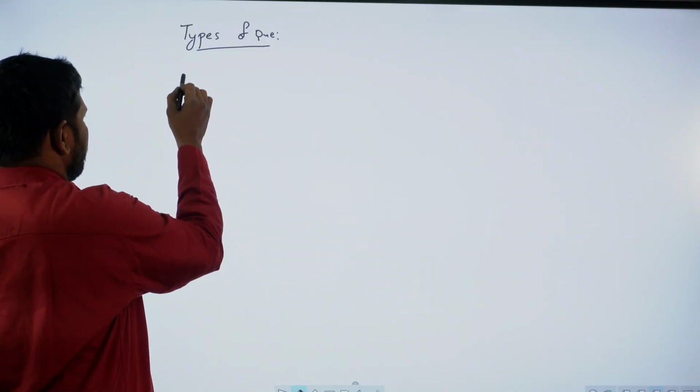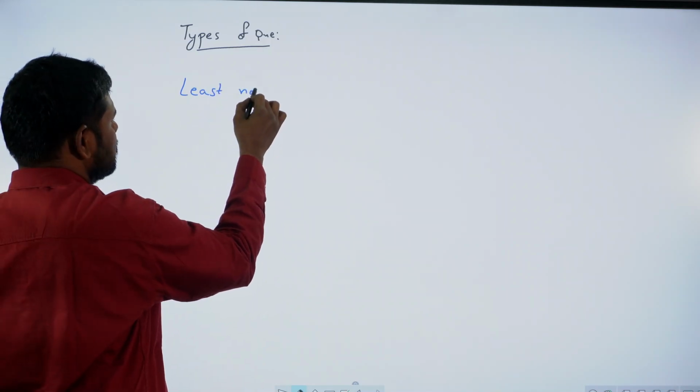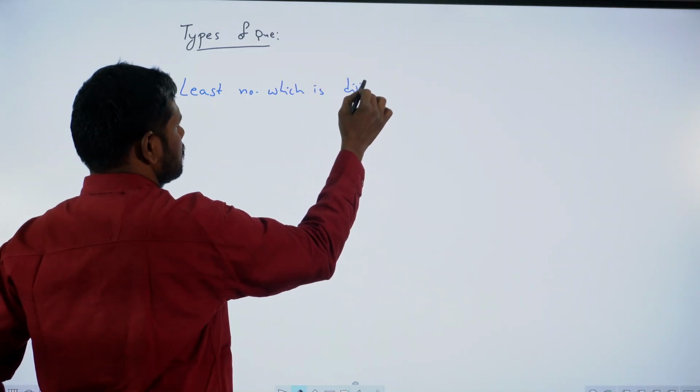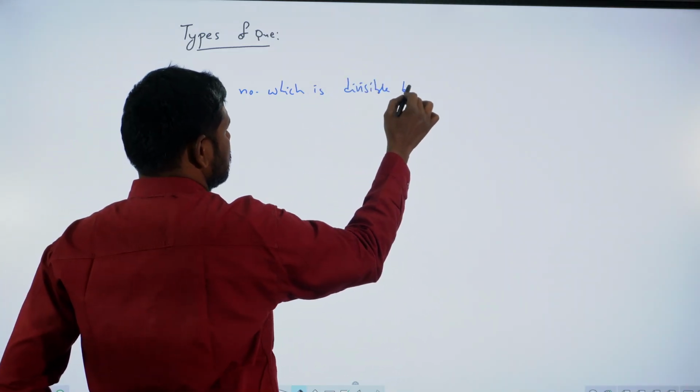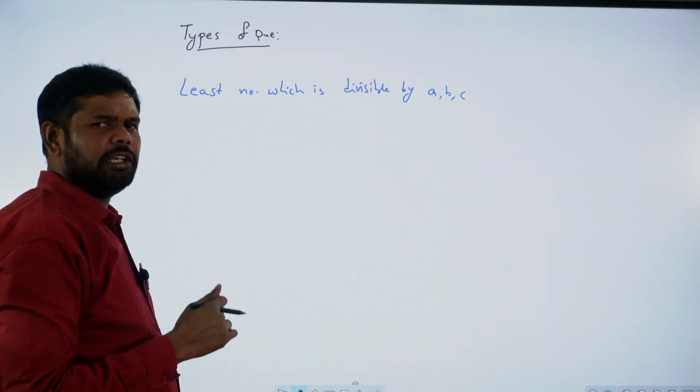First, suppose in the question, what is the least number which is divisible by A, B, C, or A B C D E, whatever it is.